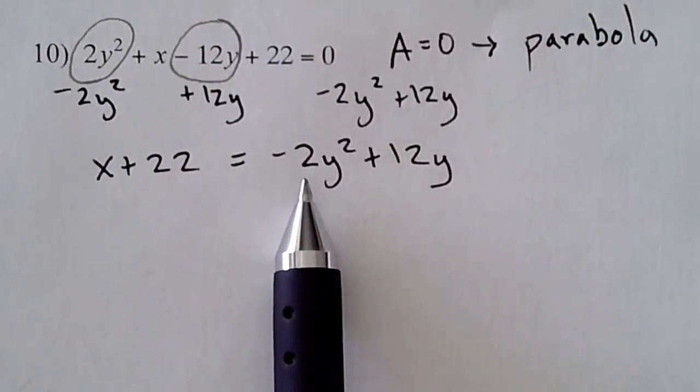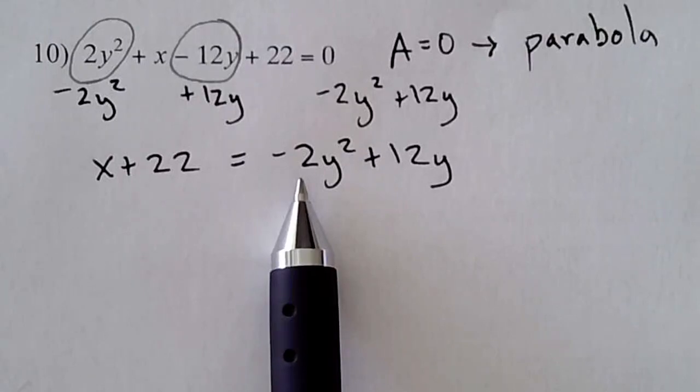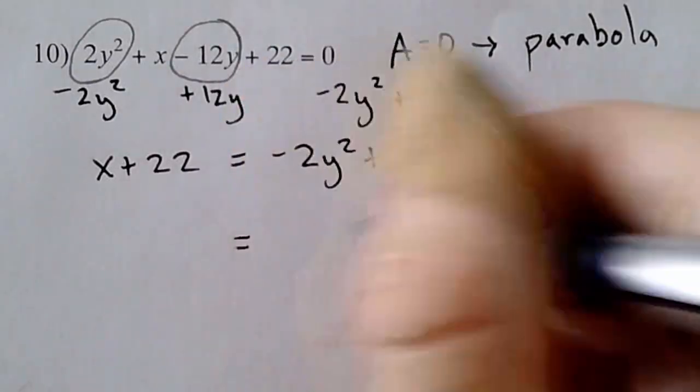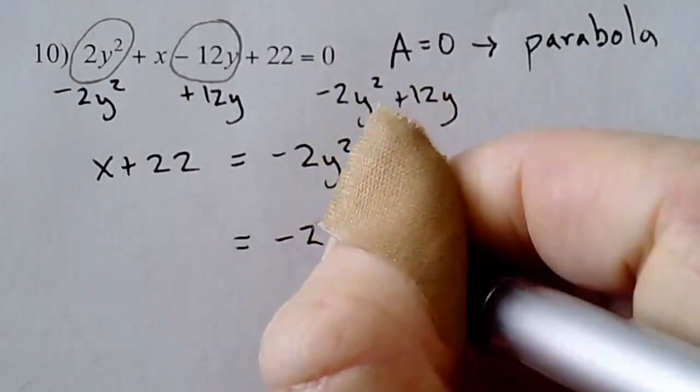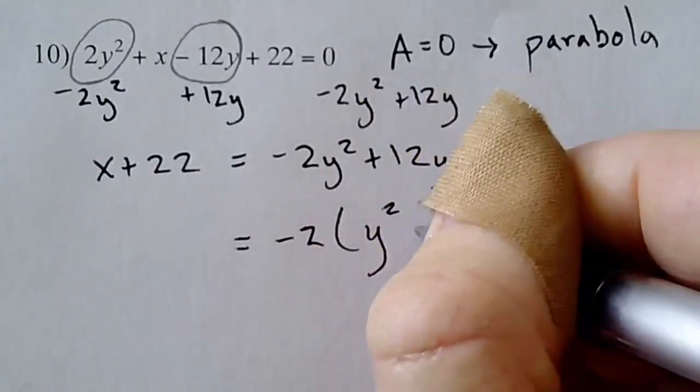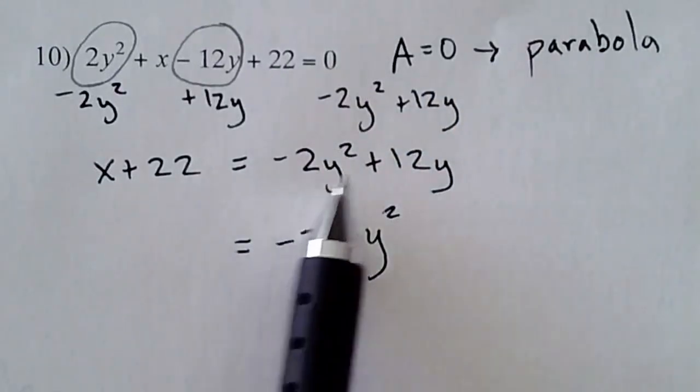But what's the problem? We've got a -2 out there. So we need to factor off that leading coefficient from the y squared. So let's factor it off. You've got -2, and then we've got y squared, and I took a -2 out of each one of these.